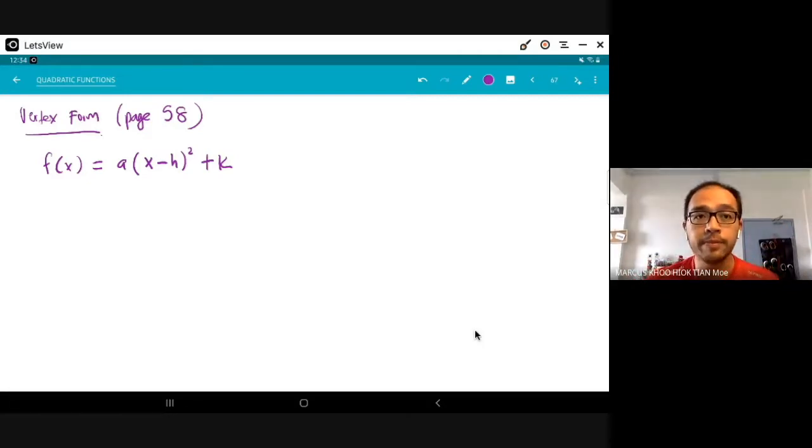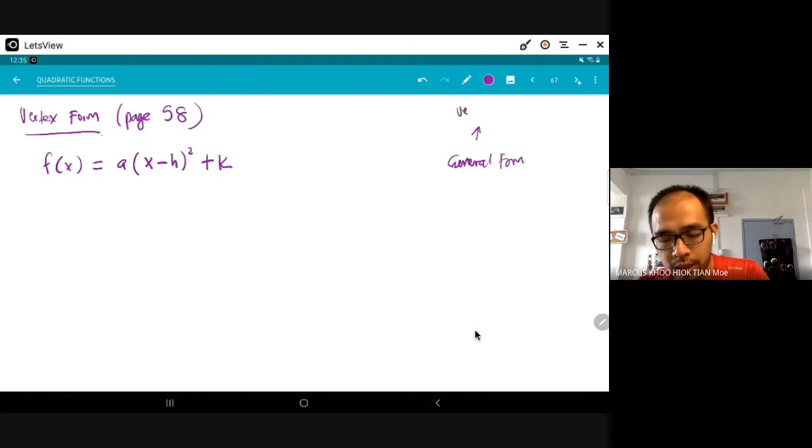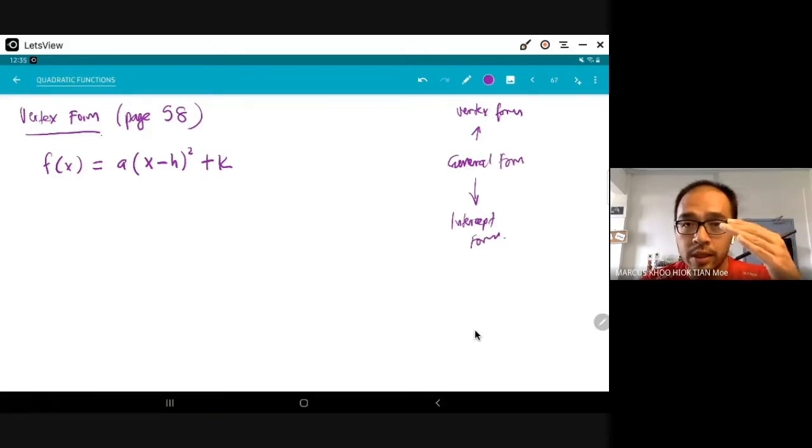Let's start now. Yesterday we learned how to change a quadratic equation from general form to vertex form, dan juga from general form to intercept form. The reason why we have to know all the three forms is because of what we're going to do after this.